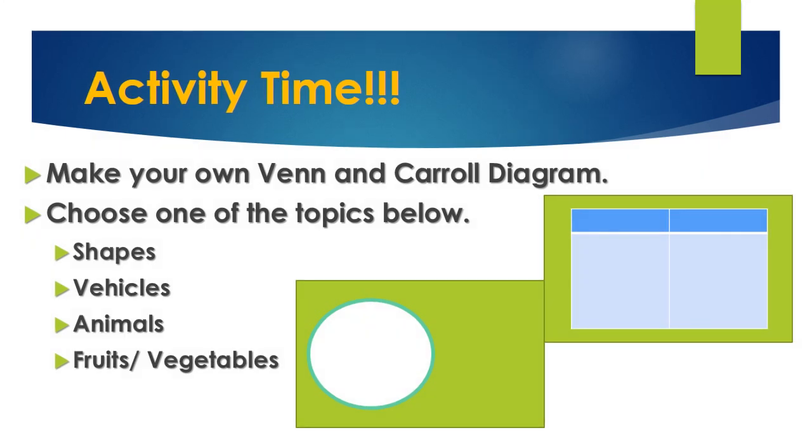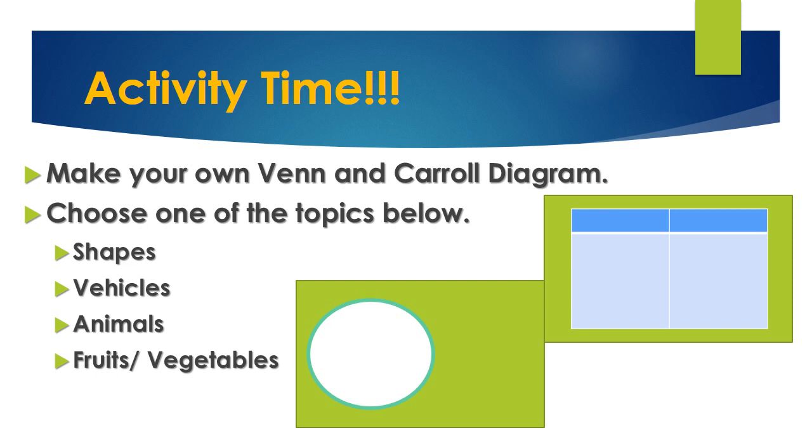Now kids, it's our activity time. This time you have to make your own Venn and Carroll diagram. Choose one of the following topics. You can make one about shapes, for example colors of shapes, sizes of shapes, different shapes. How about vehicles?